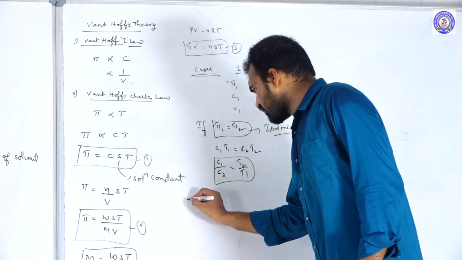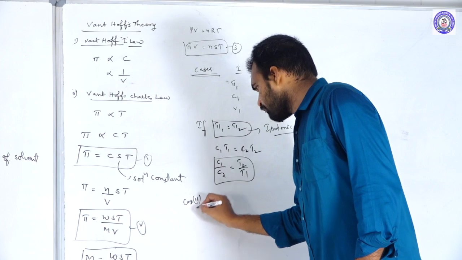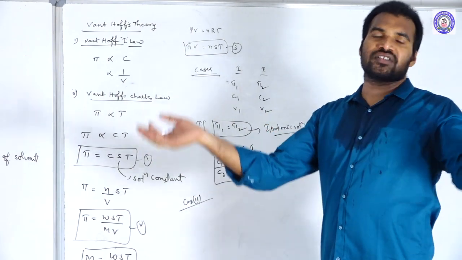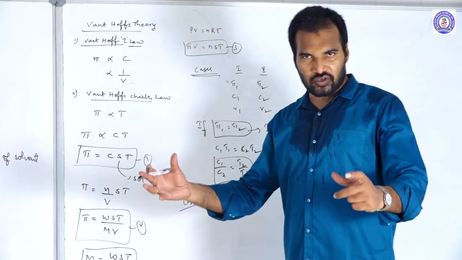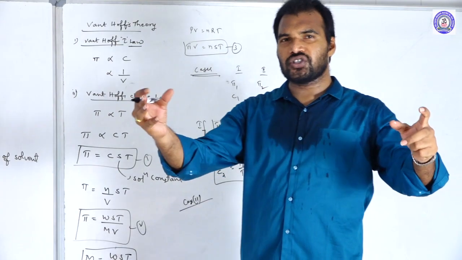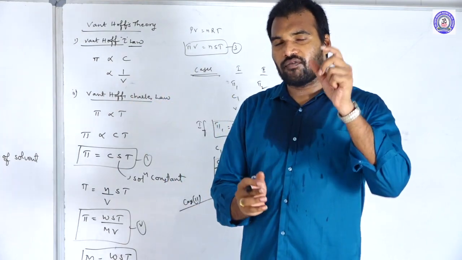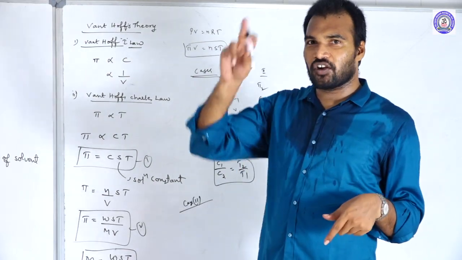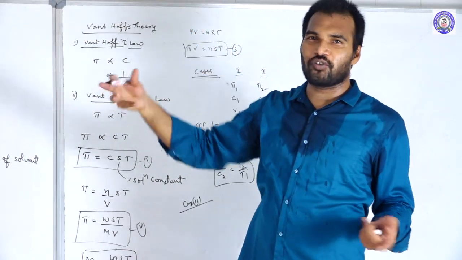Next, second case. Suppose you are mixing two solutions of the same substance, for example two solutions of the same solute. Then what is the osmotic pressure of the mixture? The resultant mixture, π mixture, is equal to π1V1 plus π2V2 by V1 plus V2, the total volume of the solution.